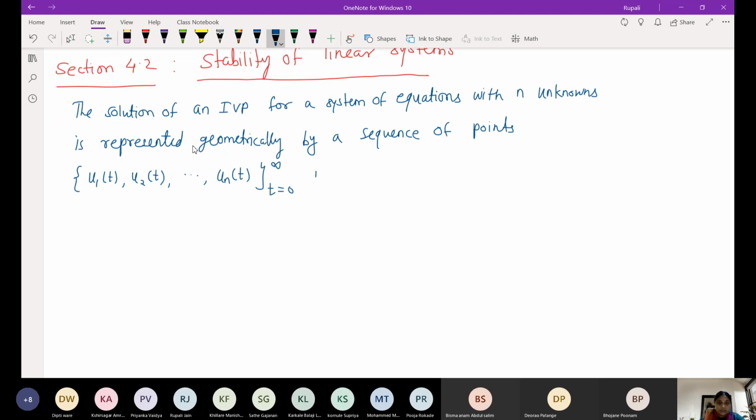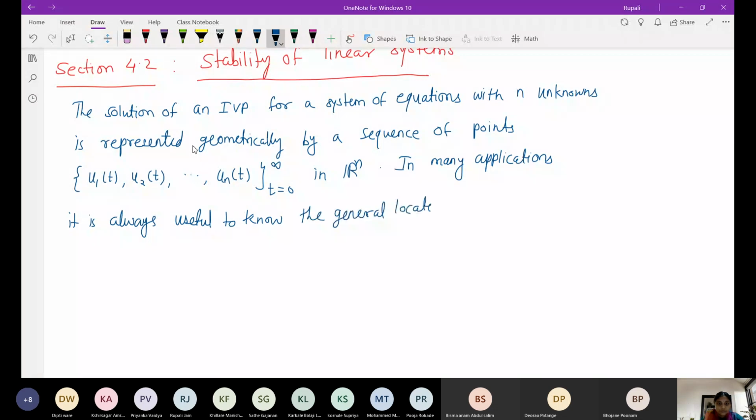It is an infinite sequence in Rn. In many applications, it is always useful to know the general location of those points for large values of t.